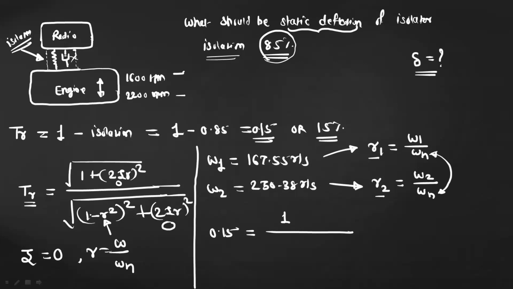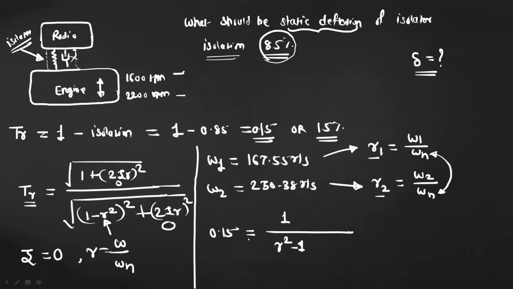This leaves 1 minus r square, the whole squared and the square root, so it will become just 1 minus r square. Instead of this 1 minus r square, you can write the equation as r square minus 1. The meaning will be the same. So I will write here r square minus 1.